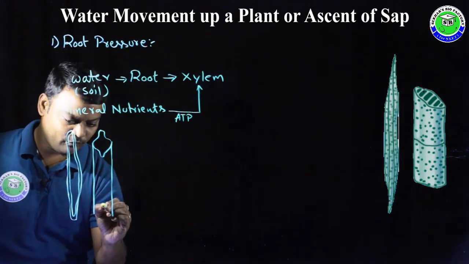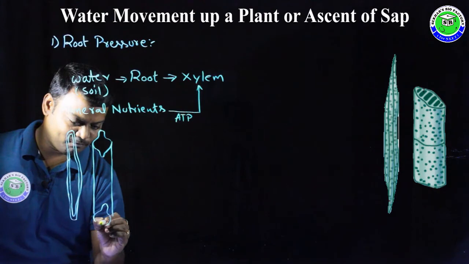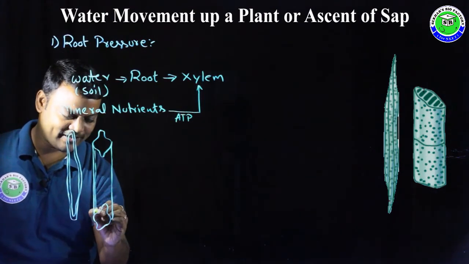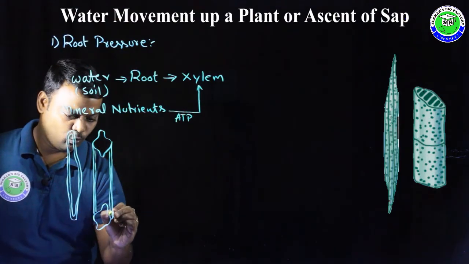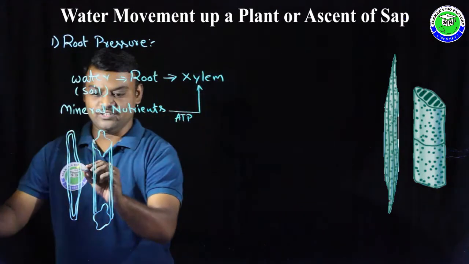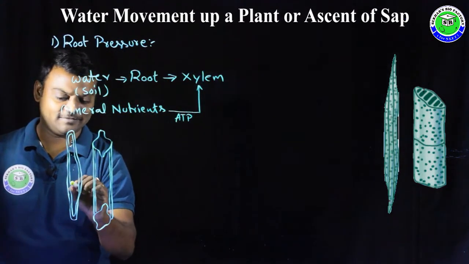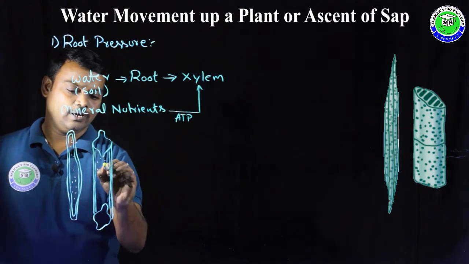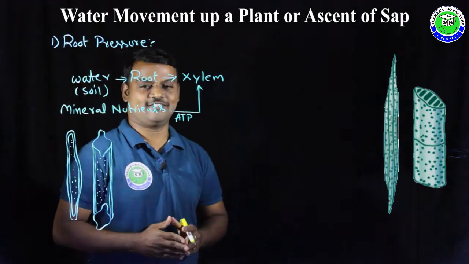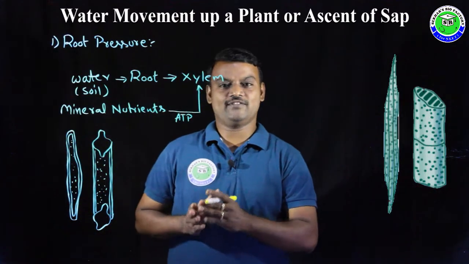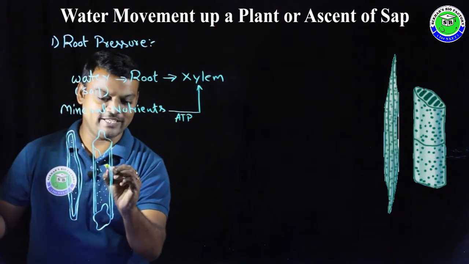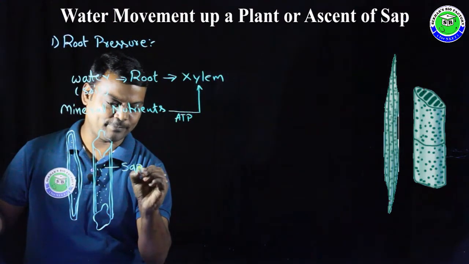Both tracheids and vessels have an empty space in their structure, and this empty space is called the lumen. Once water enters the xylem, it reaches the lumen of the xylem cells. Along with water, mineral nutrients are also transported into the xylem cells. Both these nutrients and water become a solution, and this solution is referred to as sap.